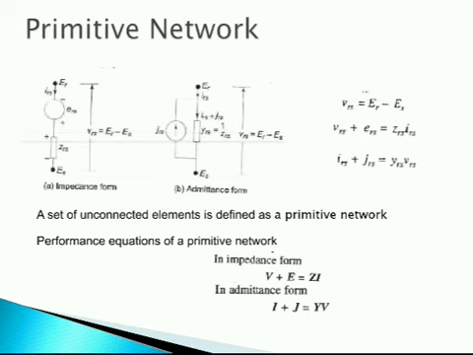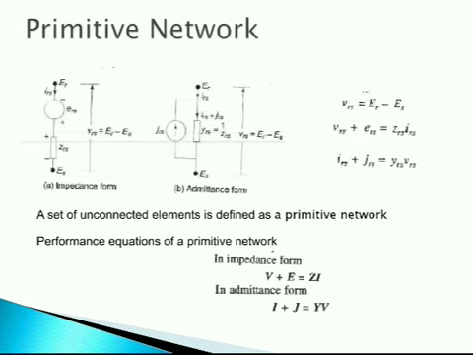But whatever the case, let's say the two terminals are ER and ES. The voltage between these two will be nothing but ER minus ES. These equations are valid: VRS plus ERS equals ZRS times IRS, which is nothing but the voltage drop, and similarly the current equation: IRS plus JRS equals YRS times VRS.